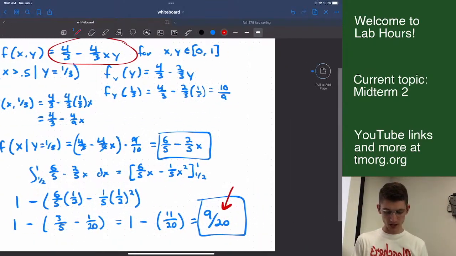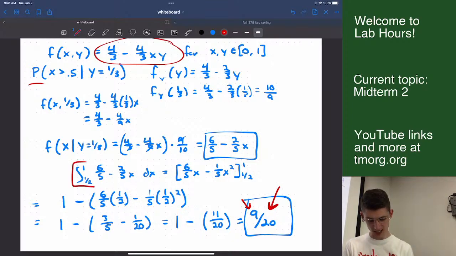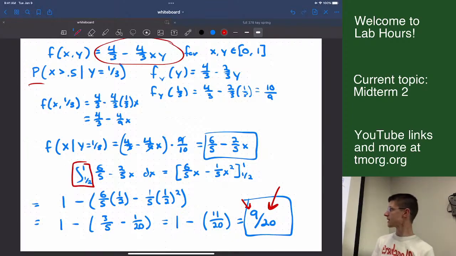And then the one other thing I would like to point out is that what we did in this question to get this 9/20ths is we evaluated an integral from 1 to 1/2.